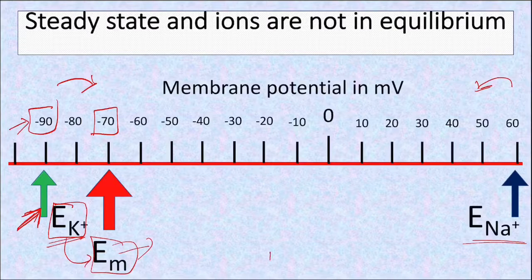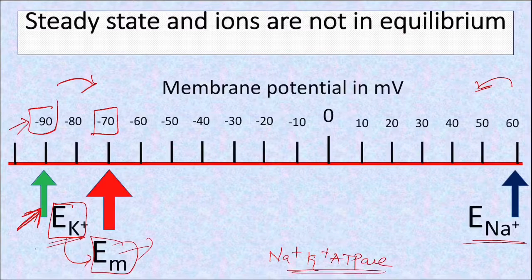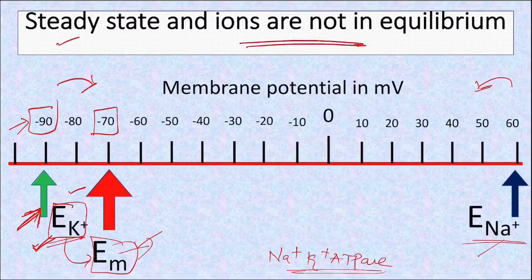In a cell, the concentration gradients are maintained by active transport mechanisms. The sodium potassium ATPase maintains the potassium and sodium concentrations in the cell, and thereby it maintains the Nernst potential and eventually the membrane potential also. Since energy is required to maintain this, we call it a steady state, and individual ions are not at equilibrium.